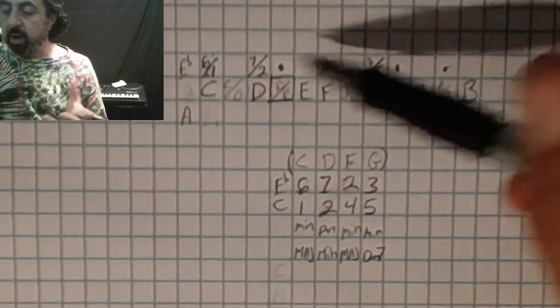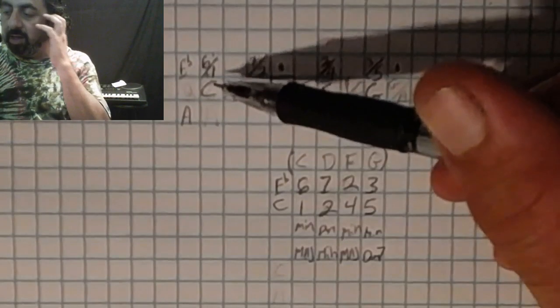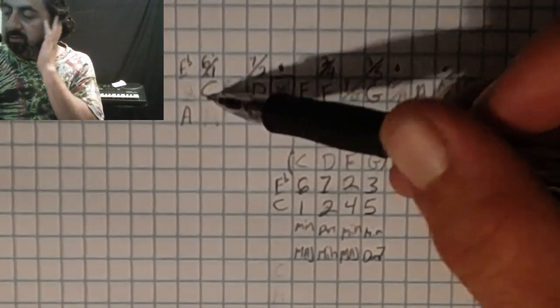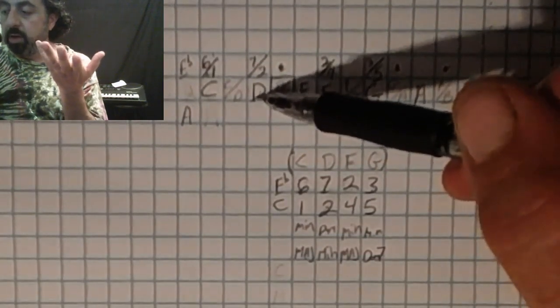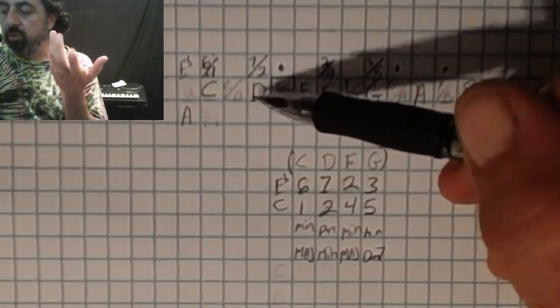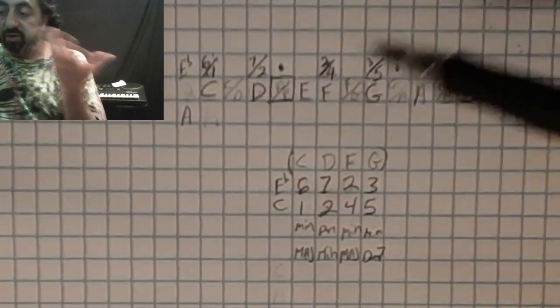So they've basically gone from, say, the key of C to another, up a whole step. When you move your key a whole step this way or that way, they share 5 notes.